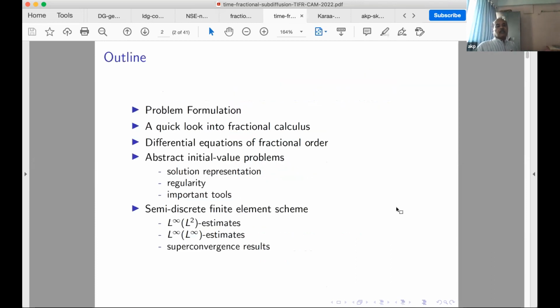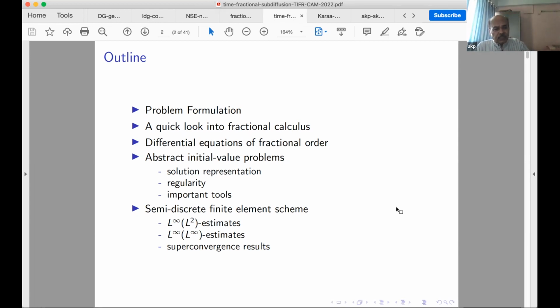So I will start quickly with some problem formulation and talk about fractional calculus. I will talk about a simple differential equation which will pave the way to understand the abstract evolution equation, a fractional order evolution equation, let's call it.